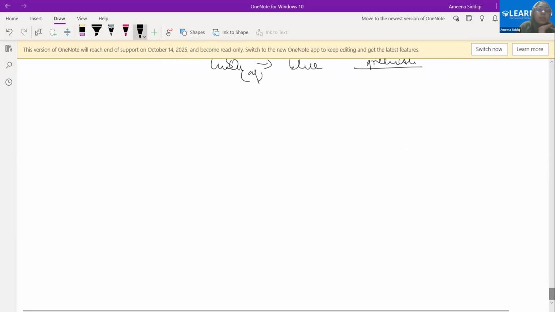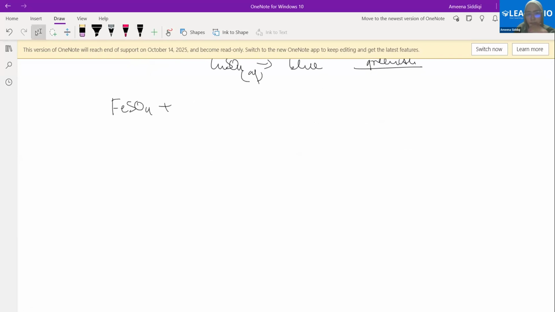If I give you something like this, zinc sulfate plus iron, tell me the product quickly. Will anything be formed in the reaction, beta?